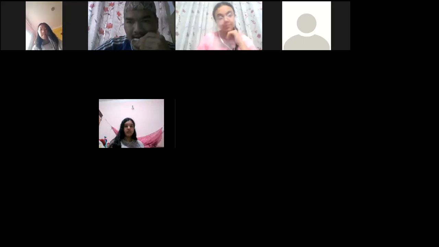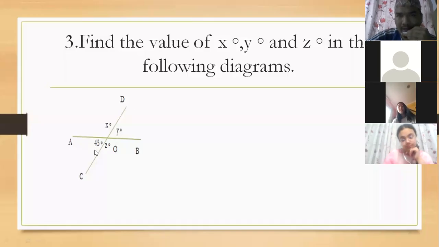Okay, children, we were here. Here we are going to find this angle x by adding this 45 degree with x, being a linear pair. And x degree and z degree are vertically opposite angles, they are equal, and y degree and 45 degree are also vertically opposite angles. It should be solved like this.